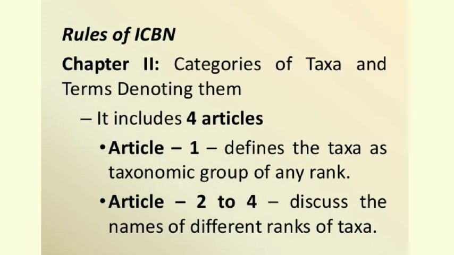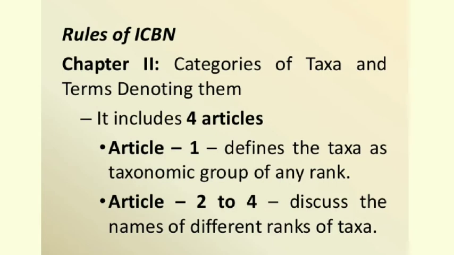Looking at the rules of ICBN, chapter 2: categories of taxa and terms denoting them. It includes 4 articles. Article 1 defines taxa as a taxonomic group of any rank.